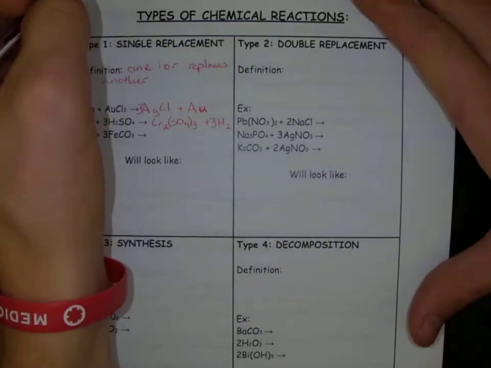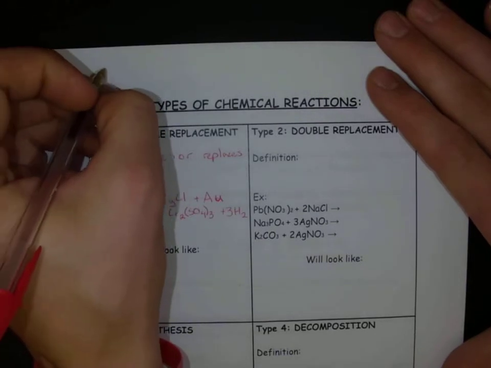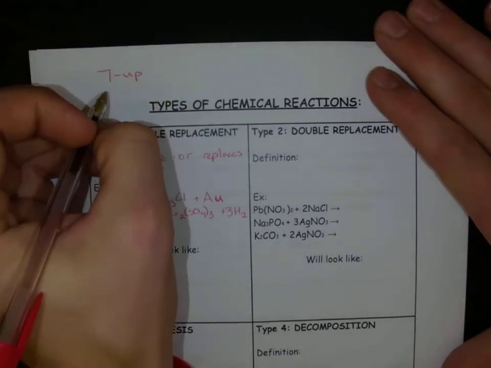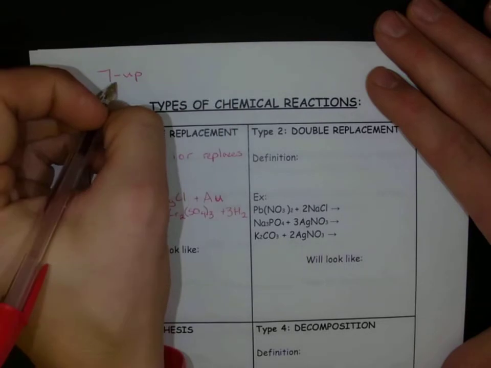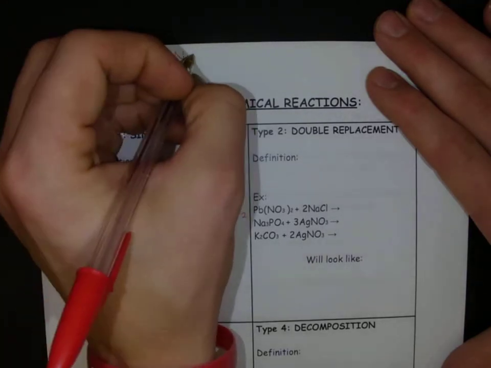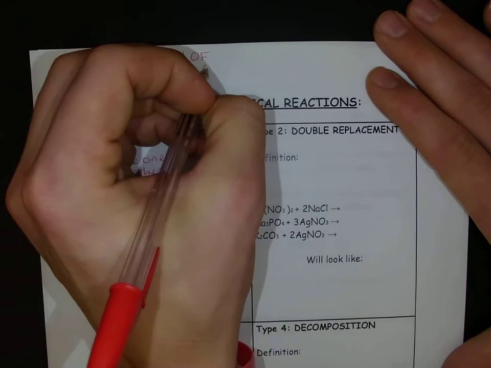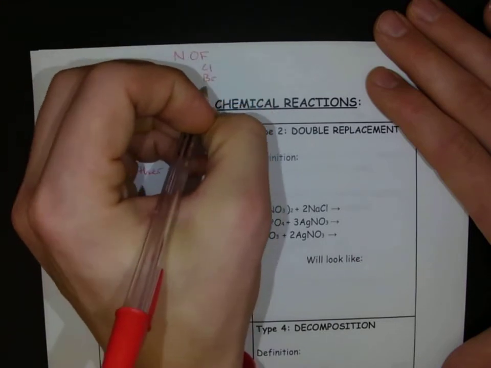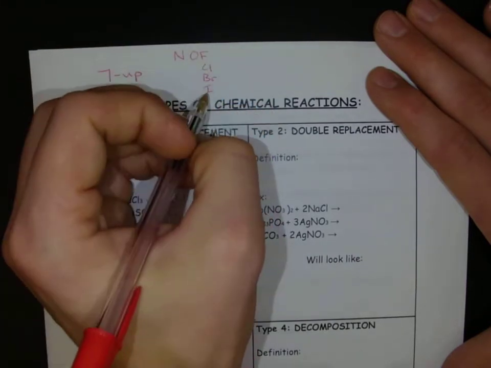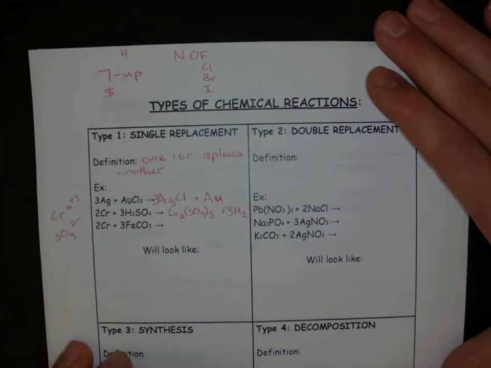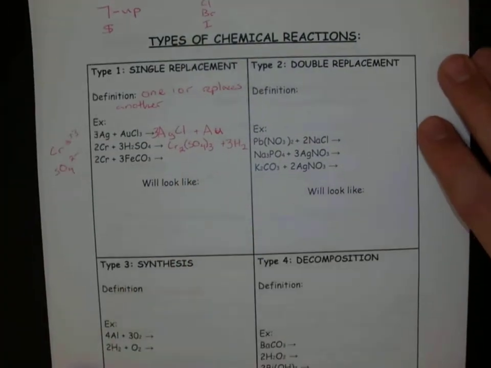Remember our 7 diatomics. We start with element 7, that would be nitrogen, and we make a 7: oxygen, fluorine, chlorine, bromine, iodine. That's 6. Our 7th one is up at hydrogen. So we're going to have to remember that.